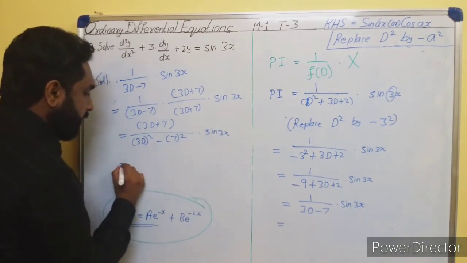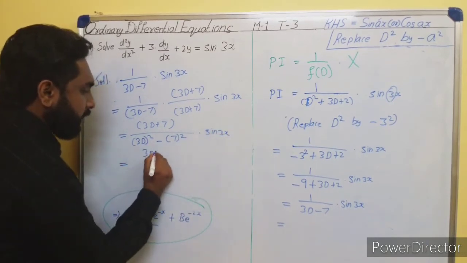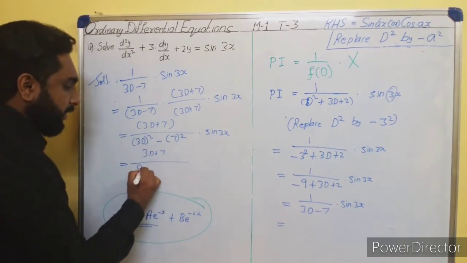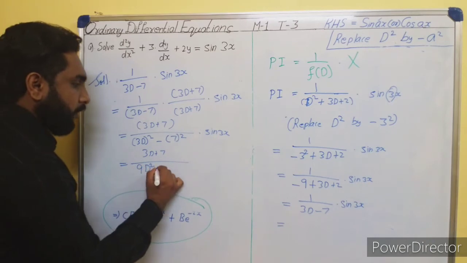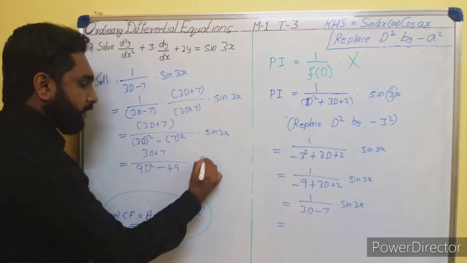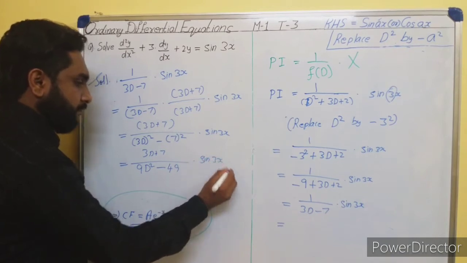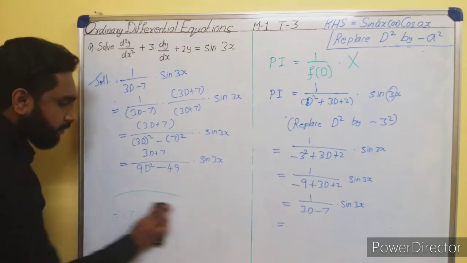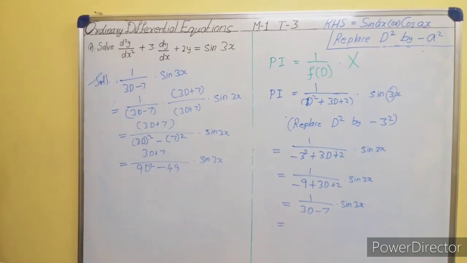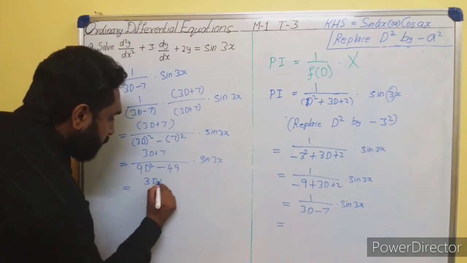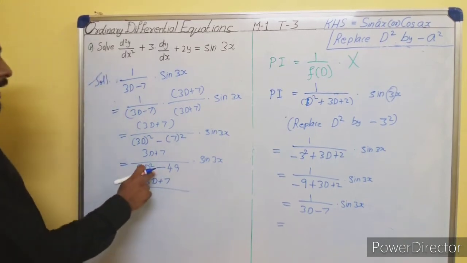That is equal to 3D plus 7 by 9D square minus 49 into sine 3x, that is 3 square 9, 7 square 49, equal to 3D plus 7 by 9 into D square.